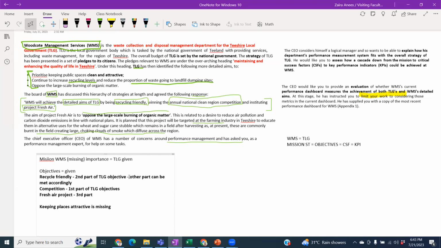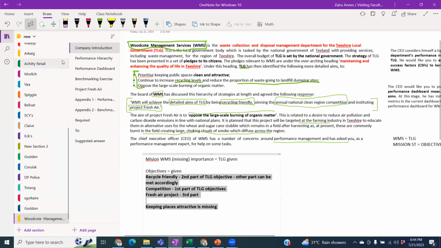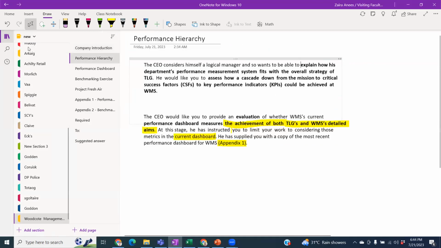If we are meeting the first objective, ultimately we will end up meeting the second part also, right? So this is something which we have to identify: look, this is the overall mission statement, and these are the objectives, and whether these objectives are in line with TLG or not, right? So let's see how we can write it.